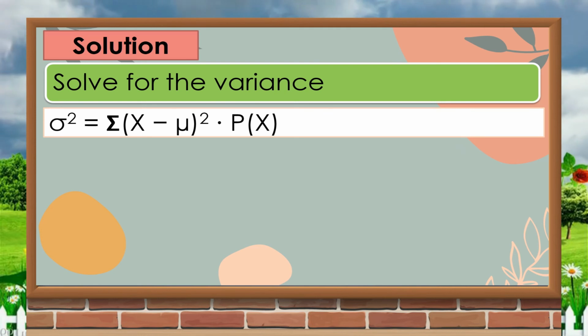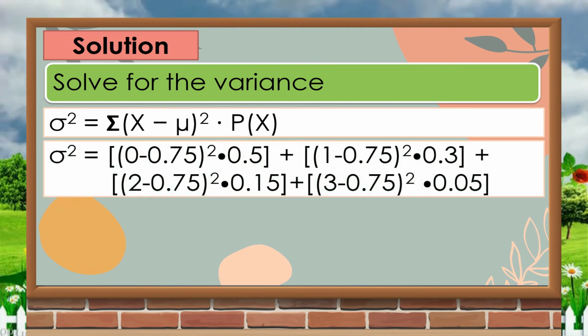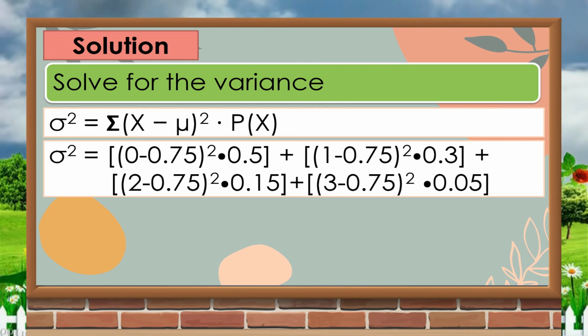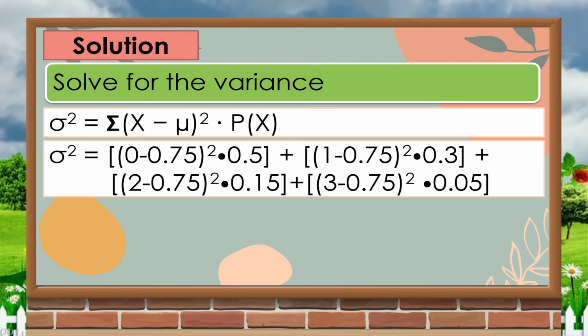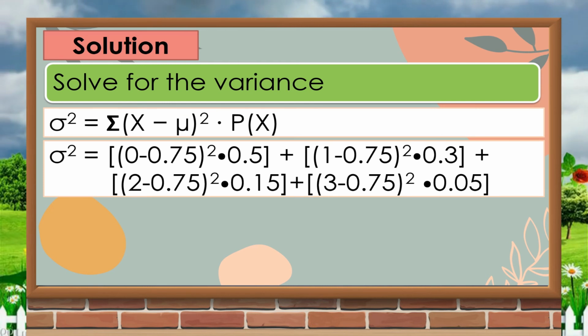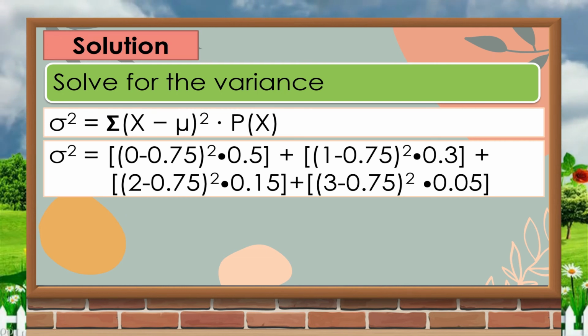Substituting to the formula, we have sigma squared or variance is equal to the quantity of 0 minus 0.75 squared, multiply it to 0.5, plus 1 minus 0.75 squared, multiply it to 0.3, plus 2 minus 0.75 squared, multiply it to 0.15, plus 3 minus 0.75 squared, multiply it to 0.05.